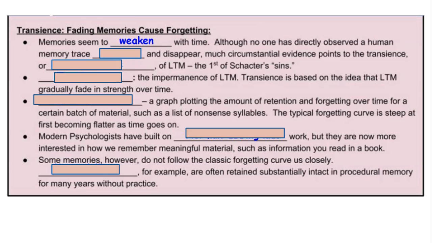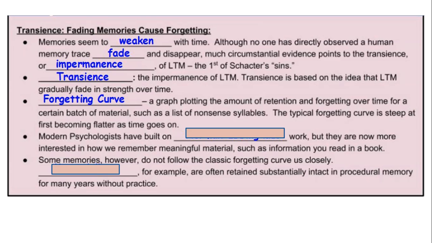Memories seem to weaken over time, and although no one has directly observed the human memory trace fade and disappear, much circumstantial evidence points to the impermanence of long-term memory. This is the first of Daniel Schacter's 7 sins of memory. Transience is the impermanence of long-term memory. It's based on the idea that long-term memory gradually fades in strength over time.